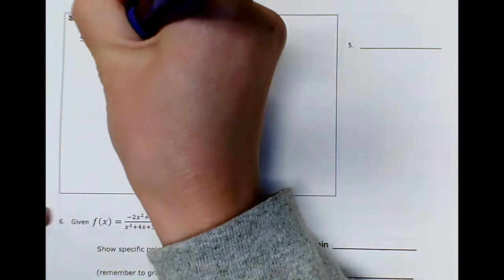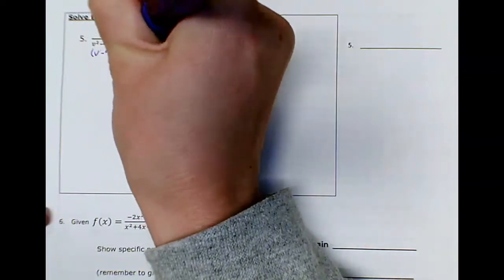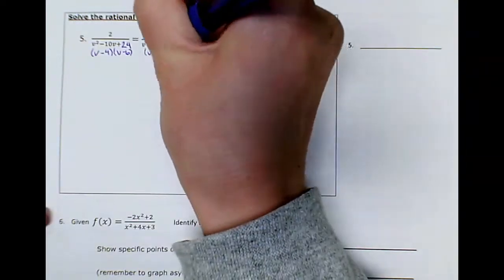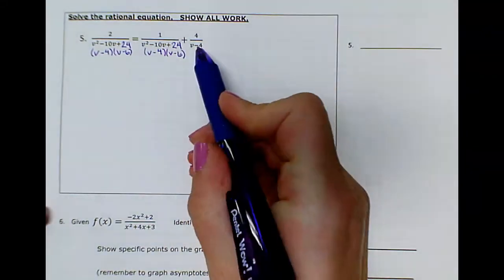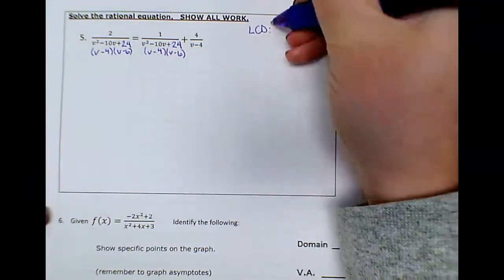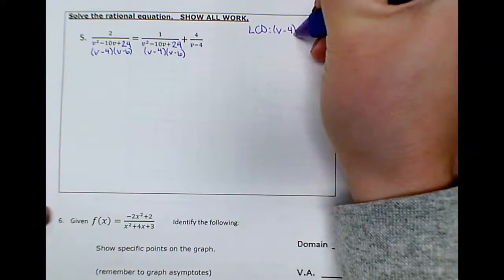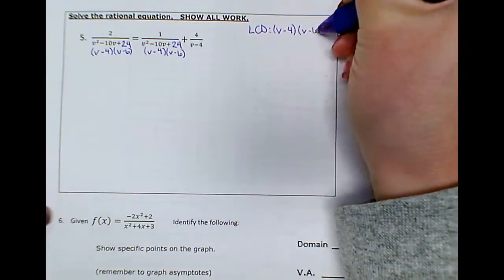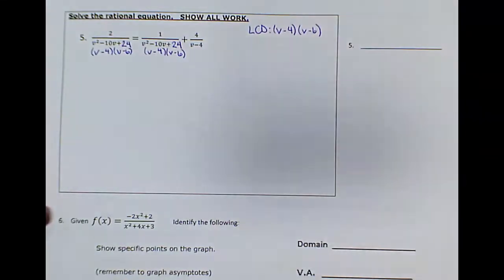So this would be v minus 4 and v minus 6. Same thing, v minus 6. And this is already v minus 4. So the LCD is what they all have in common, which is v minus 4, and what they don't have in common, which is v minus 6. So I'm going to multiply all terms by v minus 4 and v minus 6.